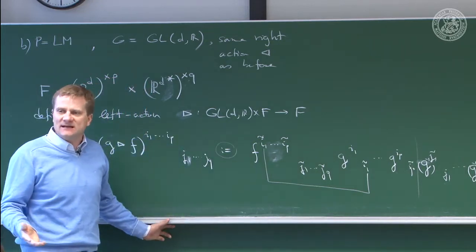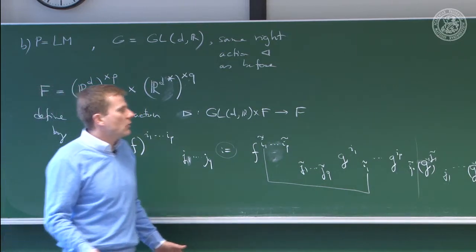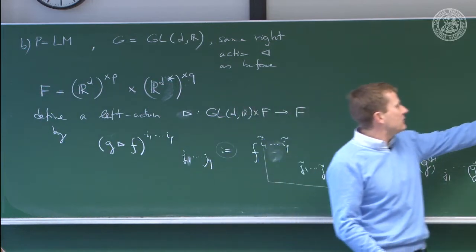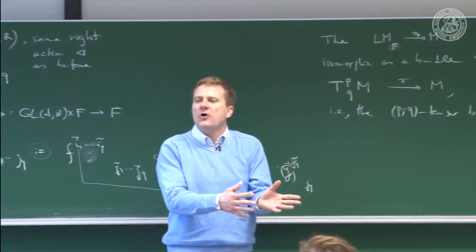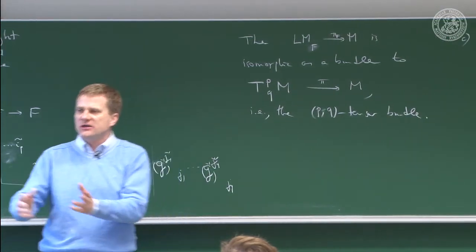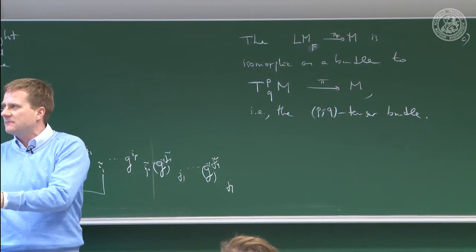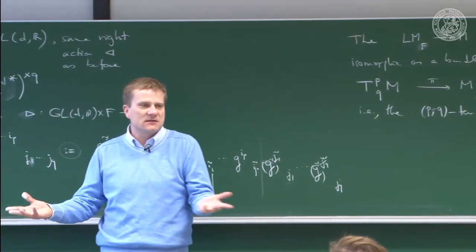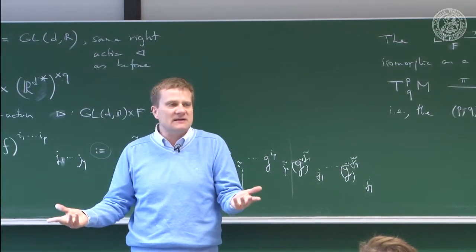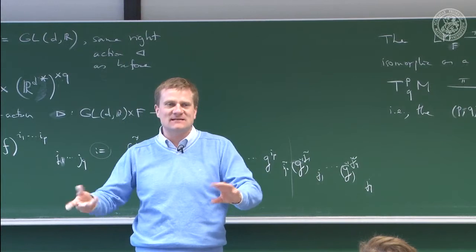Right? That's of course exactly the way we think about this stuff, right? Because otherwise, what is the point of changing, if you change the basis in your tangent space, who on earth instructs you to change the basis in your, say, PQ tensor space the same way? Because they're different spaces, you can choose bases as you like, right? So who tells you that you have to do this at the same time?